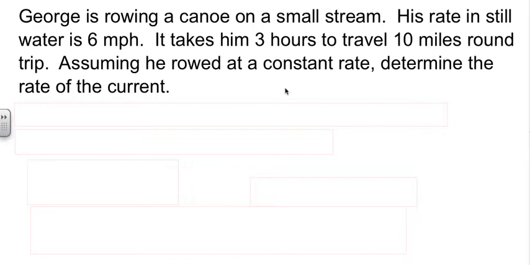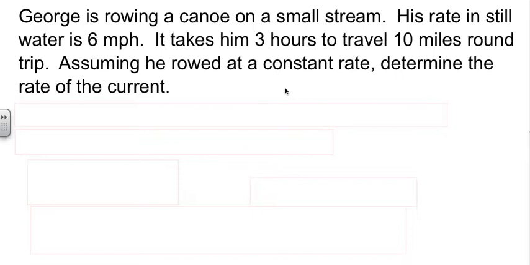So we have our friend George here rowing in a canoe, and he's out on some small stream. We know that if he was sitting in still water, he could row 6 miles an hour. Now he's going to make a trip upriver and back.